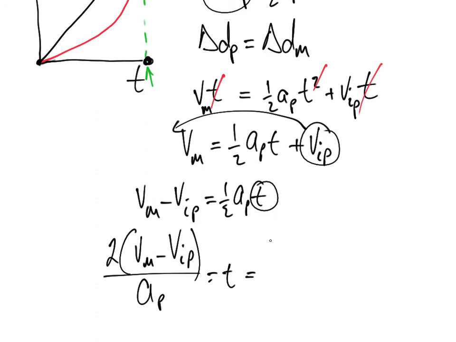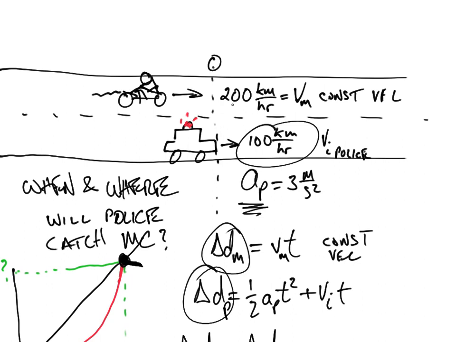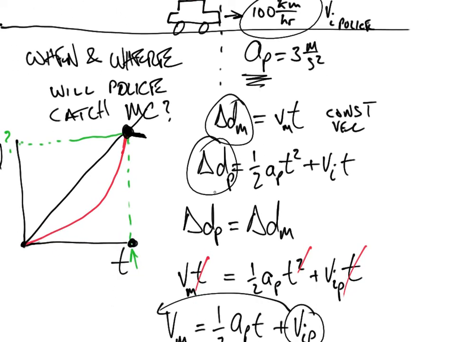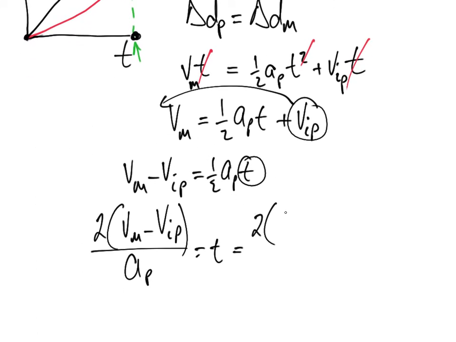Now if we plug in our values at this point, since we've solved for it algebraically, 2 times, now what was the velocity of the motorcycle? If we come way back up here again, we see it was 200. And the initial velocity of the police was 100. But those values were in kilometers per hour, so we can't really use that. We have to convert it to meters per second. And the way of doing that, of course, is to divide by 3.6.